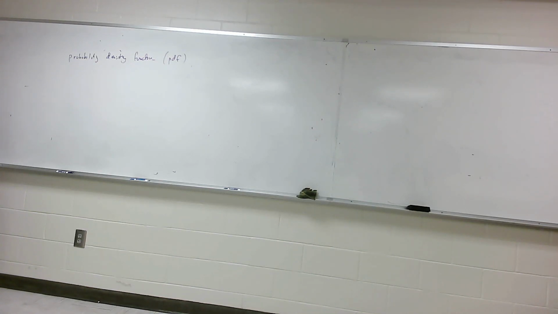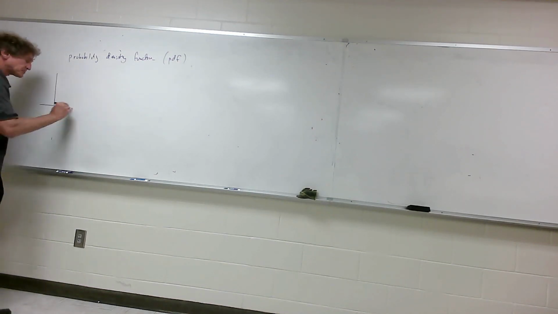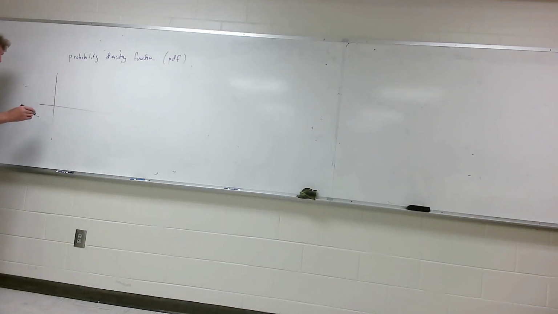Then there are things that are continuous random variables, and I'm going to start with continuous random variables. So here's what happens. On this axis, it'll be the PDF, and I'm going to use x as my random variable. So it's PDF of x.